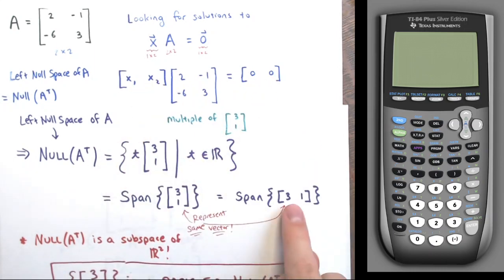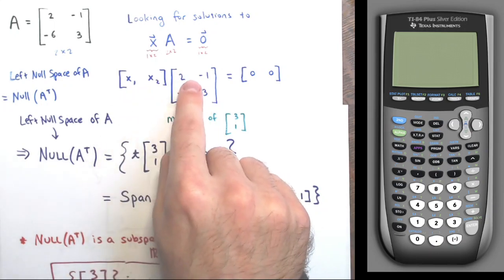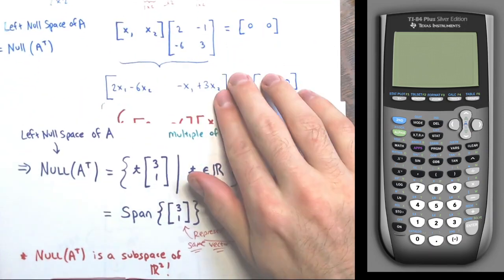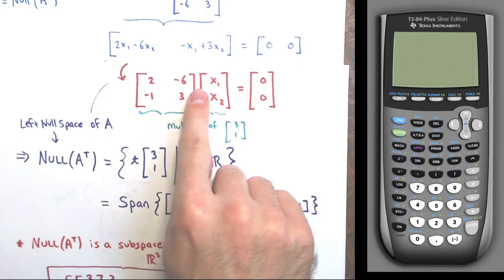And any multiple of 3, 1, like 6, 2, or 9, 3, or negative 9, negative 3, plug it in here, multiply by the matrix, and you would get the 0 matrix back. You can check that out on your own. Or do it with the transpose. Look at this equation here. Take any column vector, take 3, 1, put it in here, multiply these two, you get the 0 vector.